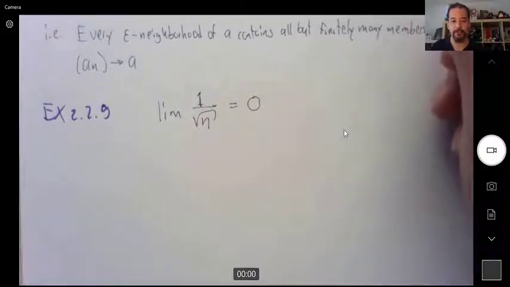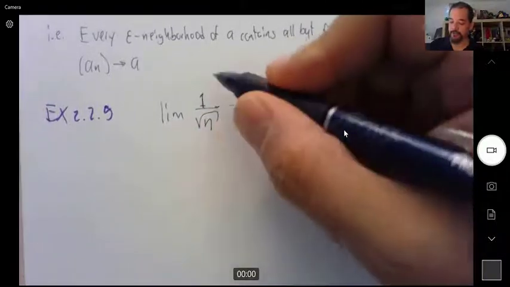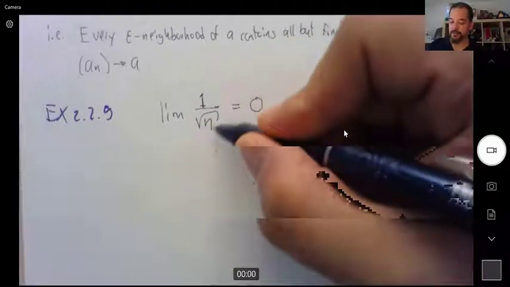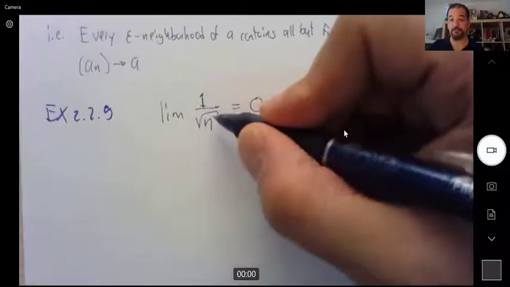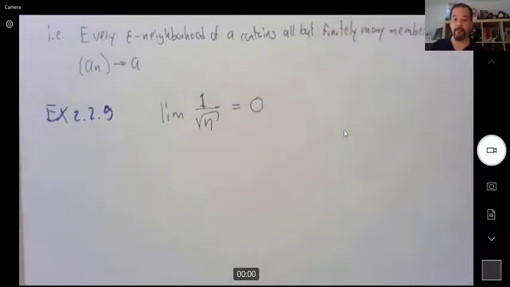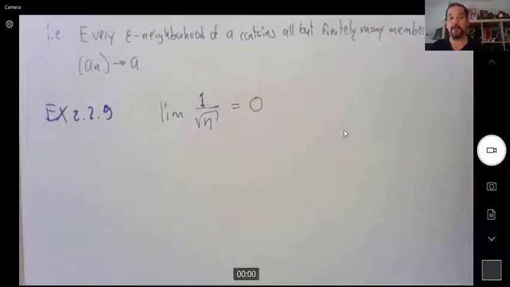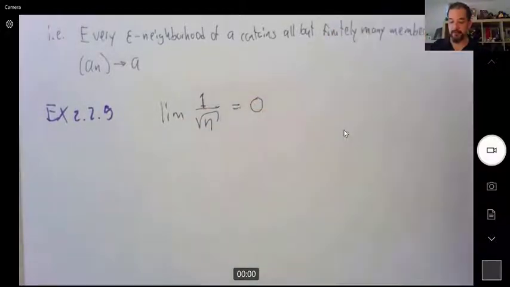In calculus, the way you thought about this is the number that these terms are getting closer and closer to. That was imprecise. Now we're doing it the correct way for advanced math majors. What exactly is the meaning of this?